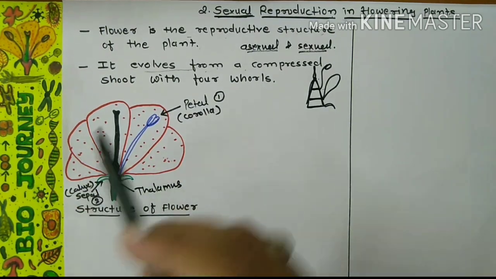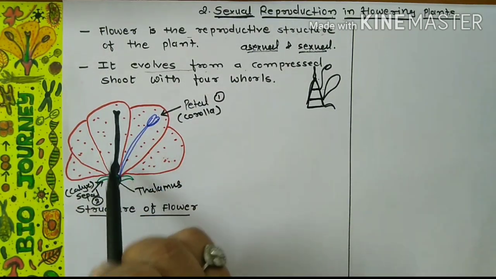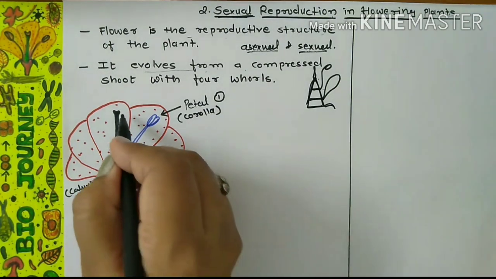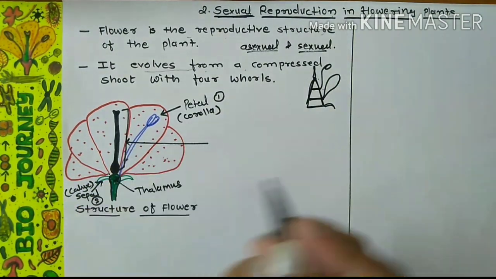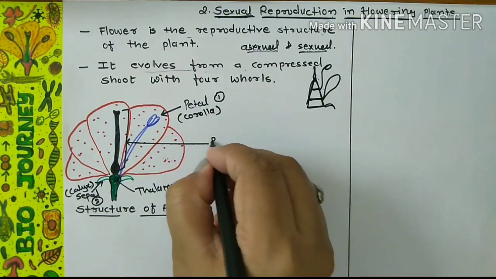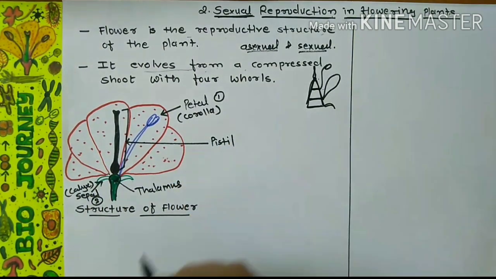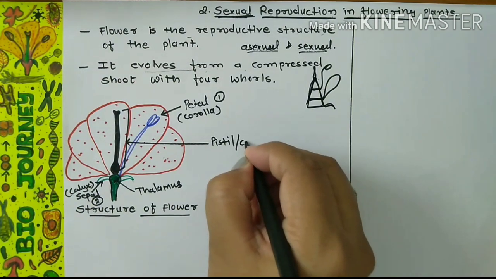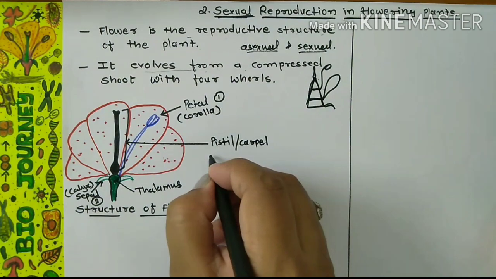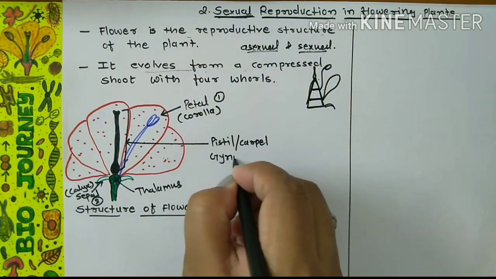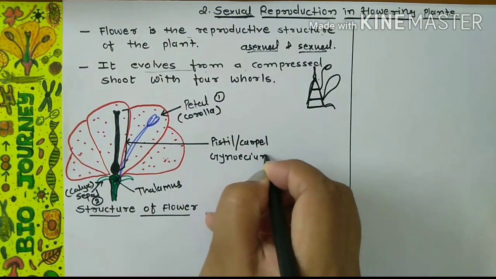Now in the middle you can see this black long structure. This entire portion of the flower is known as the pistil, or carpel, or gynoecium.